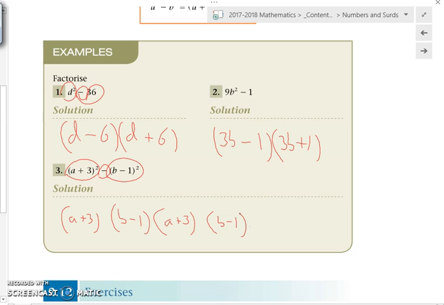Now, I'm going to use square brackets so you can see what I'm doing. Okay? So my square brackets are just the outside ones. Now, what should go in between this? And what should go in between this? Yes.